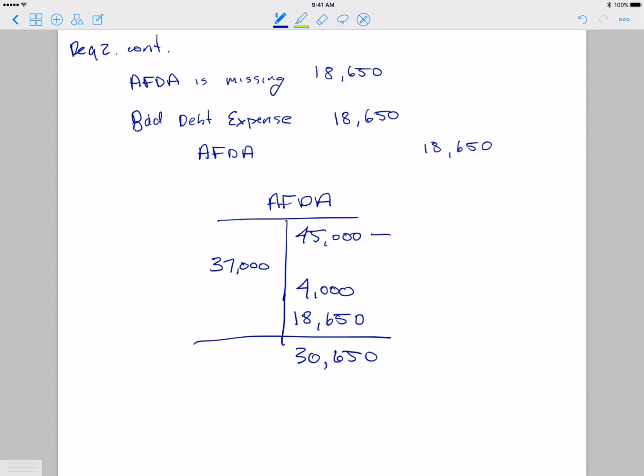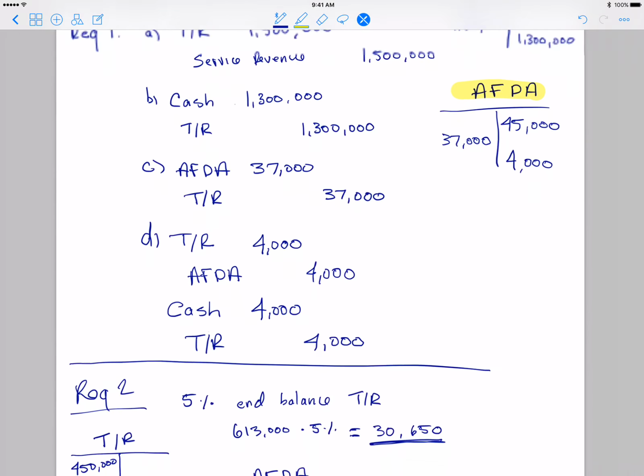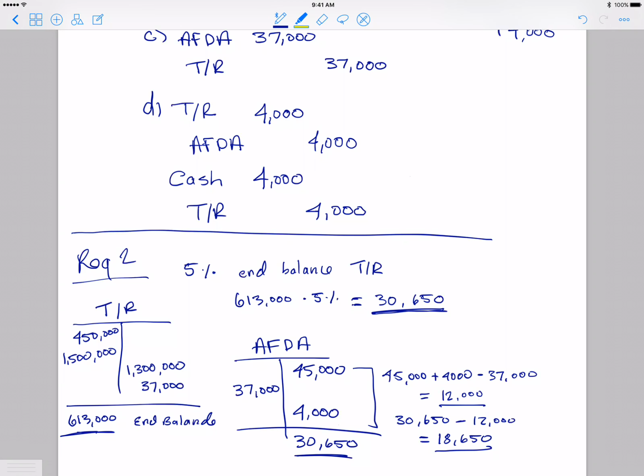And we do see that this calculation does equal this. So that's a check mark. And this amount is what was received from the 5% right over here of our net accounts receivable at the end of the year, 5%. So that's requirement 2, and we'll now move on to requirement 3.